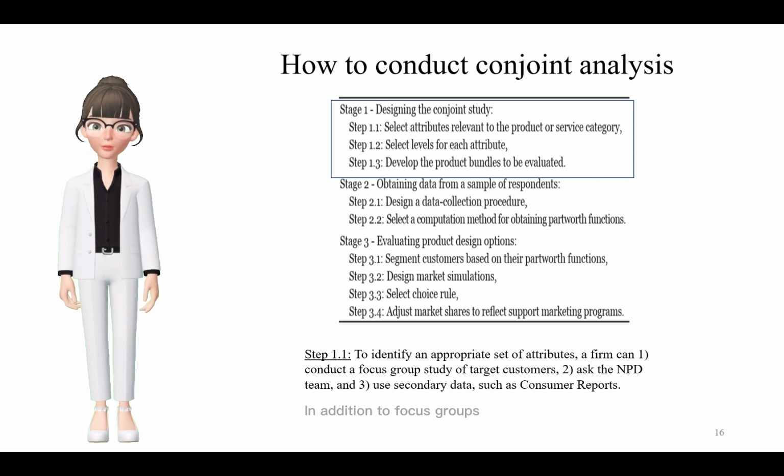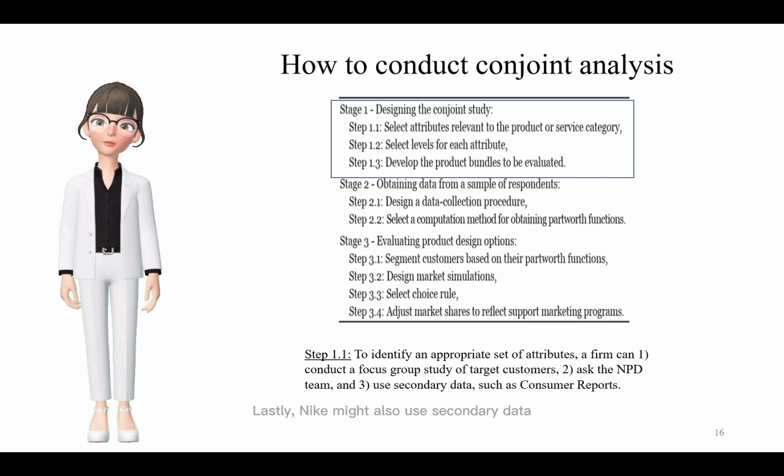In addition to focus group, Nike also consulted with its NPD team to identify attributes that are important to consider. For example, the team might suggest including attributes like sole material, lacing systems, and breathability in the study.